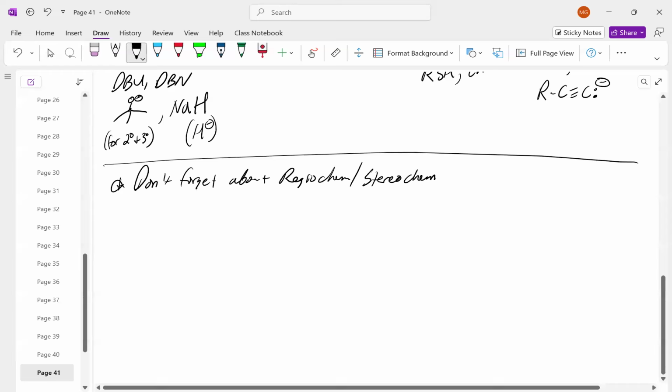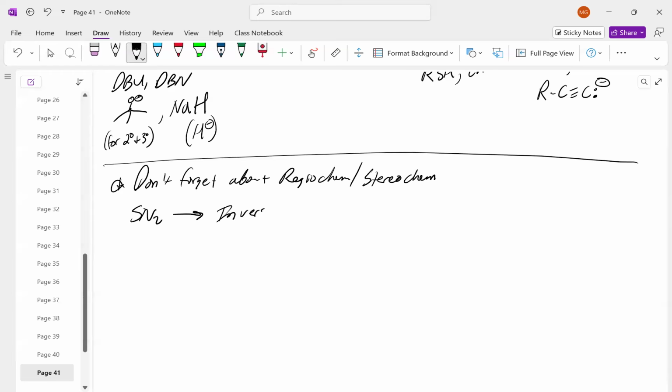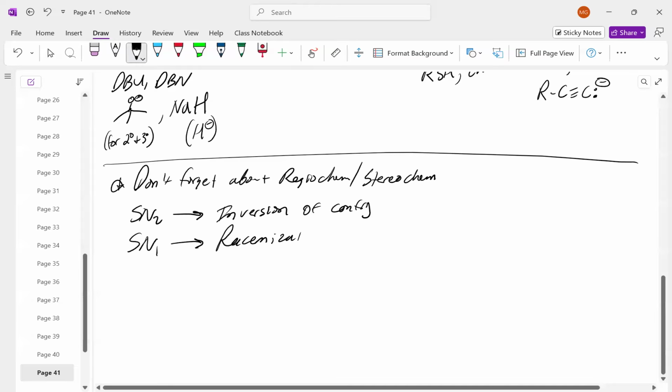So remember that with SN2, if the reaction's at a chiral center, it results in an inversion of configuration. SN1, again, if the reaction happens at a chiral center, that results in racemization or forming a racemic mixture.